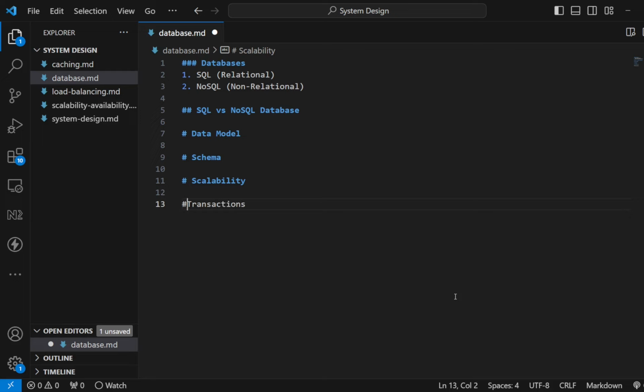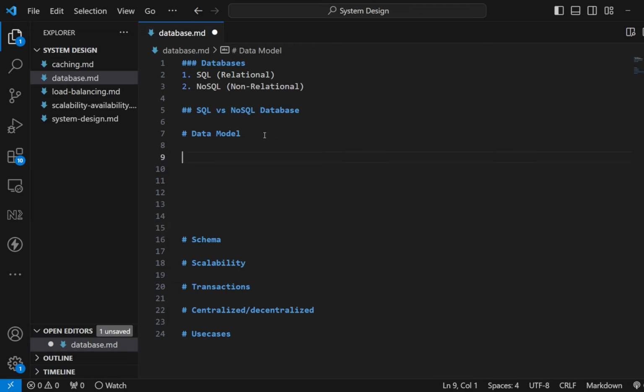Then we have centralized and decentralized. Then we will see some use cases of both. So coming to the first one, data model.